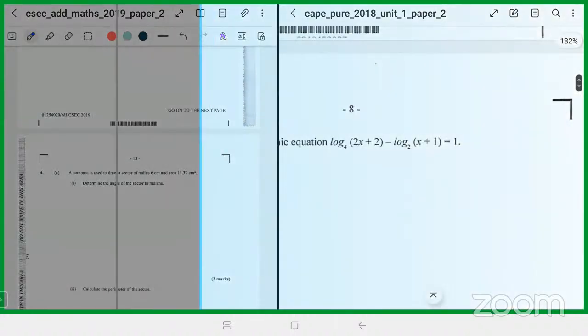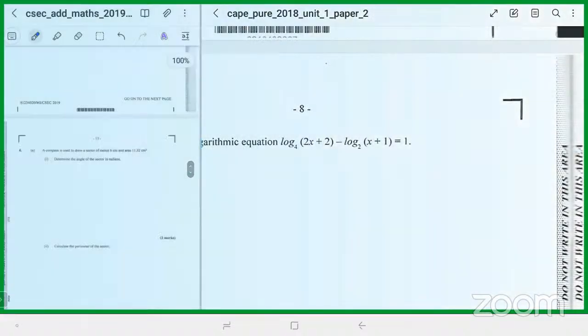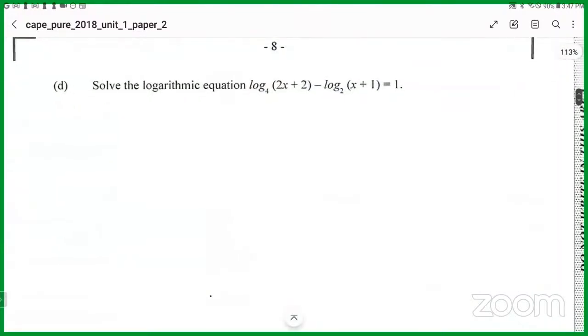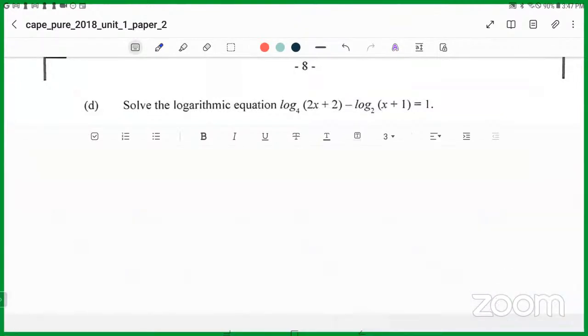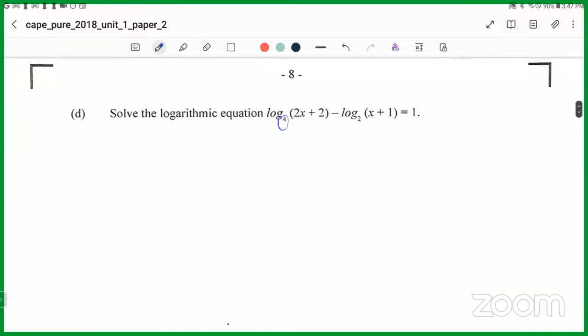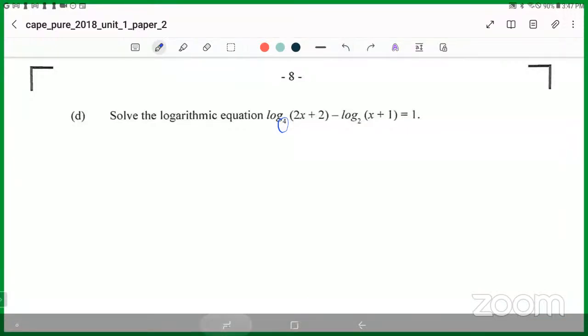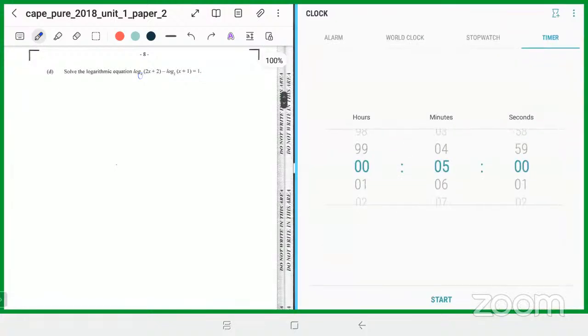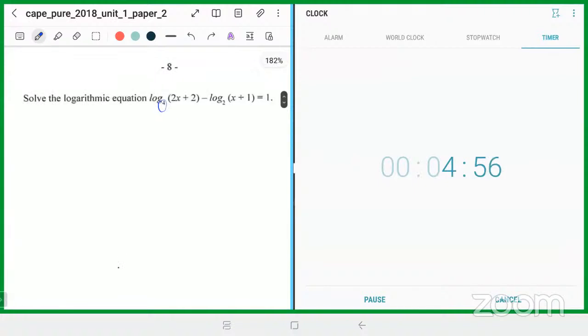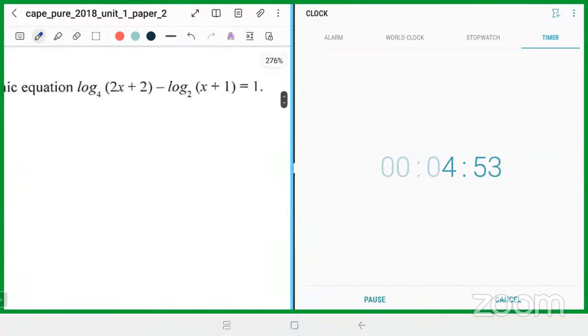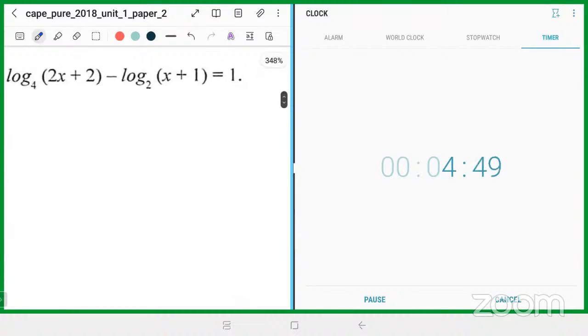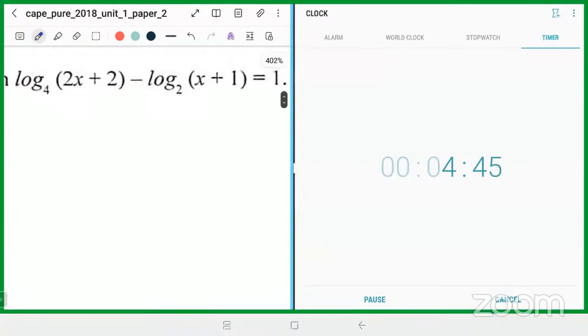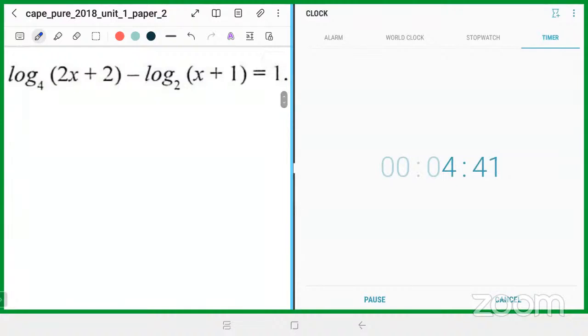Change of base law again. Another one. Remember, the 2 bases are different. 4, 4, and 2. We have 5 minutes again. In 4 minutes.